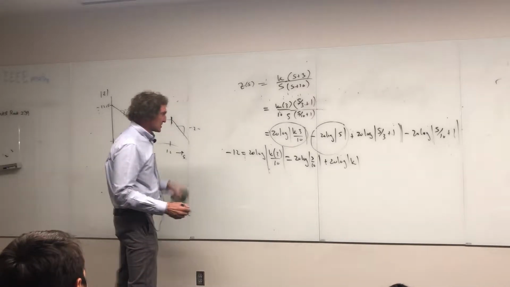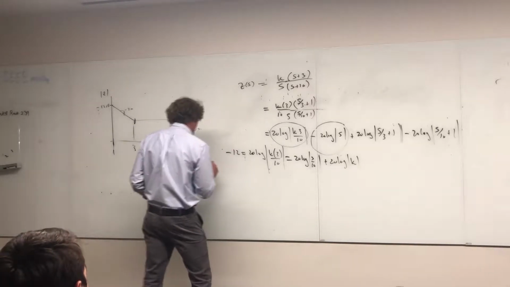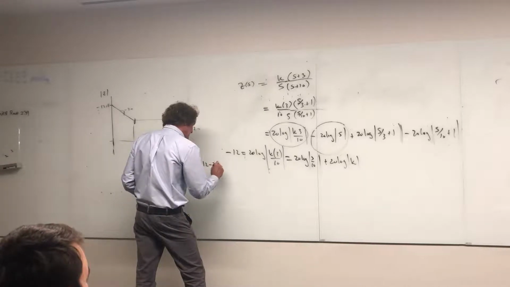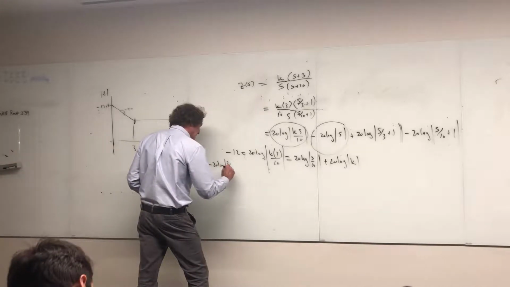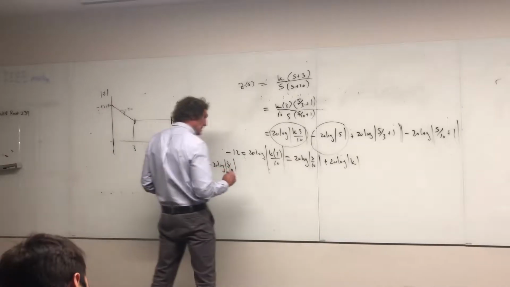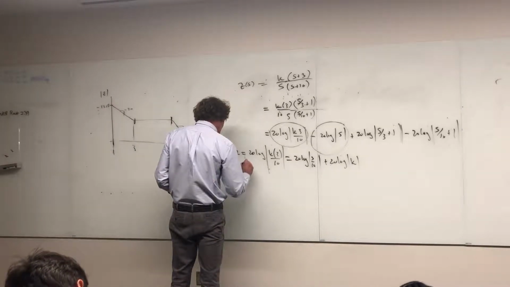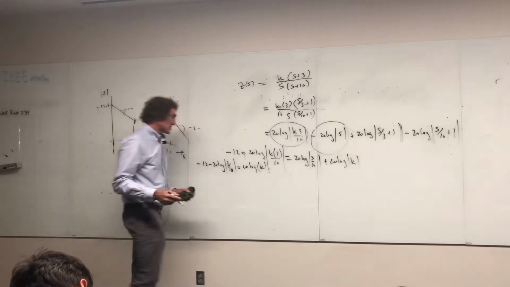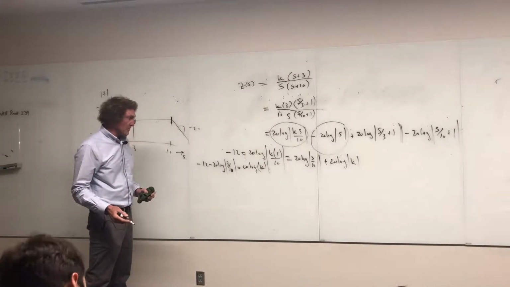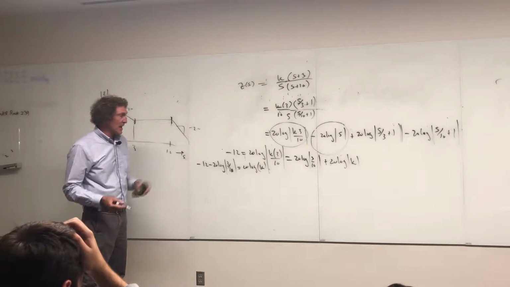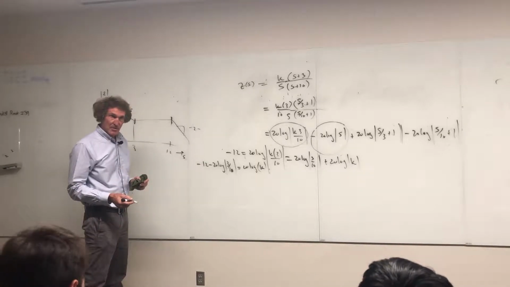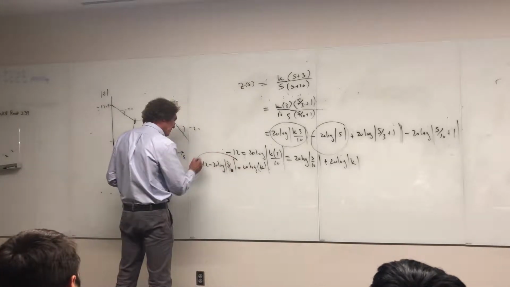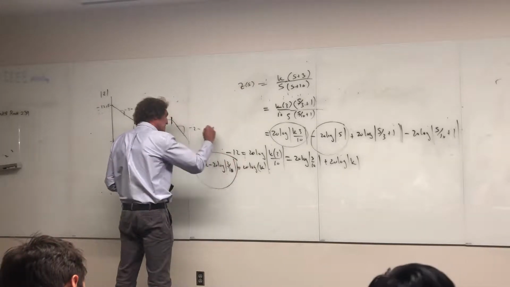So now I can say minus 12 minus 20 times the log of 3/10, that'll be a positive number, by the way, will be equal to 20 times the log of K. And I want to solve for K, so you can see what I'm going to do is divide that by 20 and take it to the power 10. Do you all see this? Can somebody just give me this number right here that I'm circling?